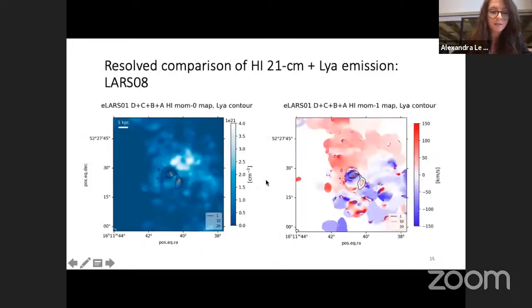And if you look at the Lyman alpha, it's essentially at the same position as the H alpha emission. In that case, we also see that the Lyman alpha is on the blue side, although the moment 1 map is a bit more noisy because we have less signal to noise ratio with the last one in the HI.